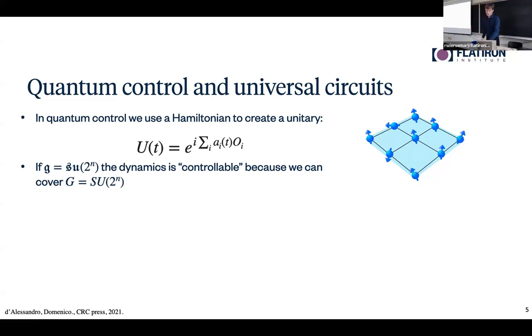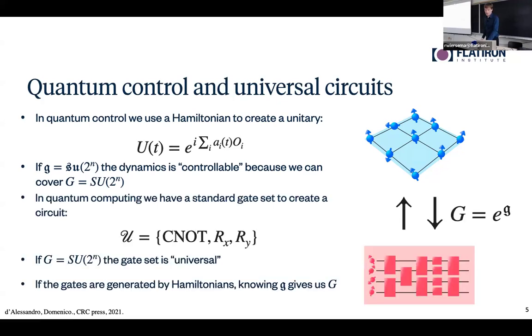And then if you're more familiar with quantum computing, the same picture applies, or you can think of having universal gate sets. If you have these gates, then you can make any unitary that you want. This is the same idea as this picture here, although this is on the group level, this is on the algebra level, but they're complementary views.